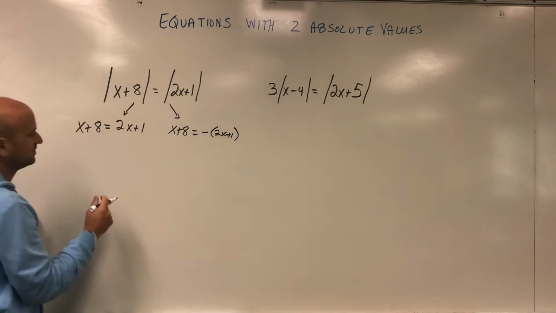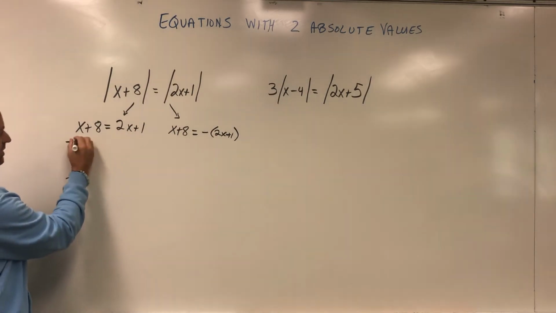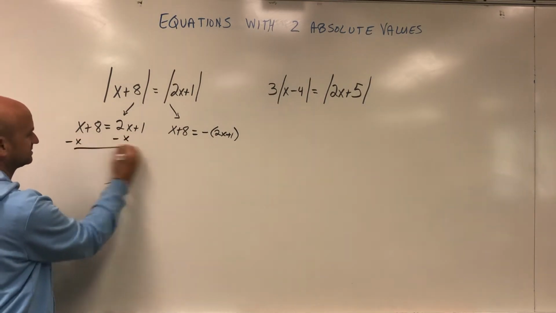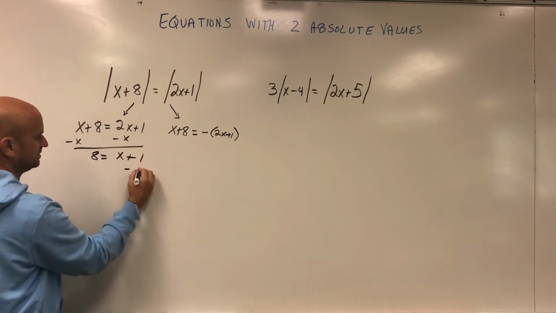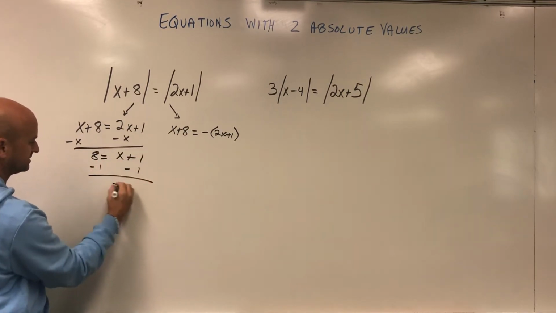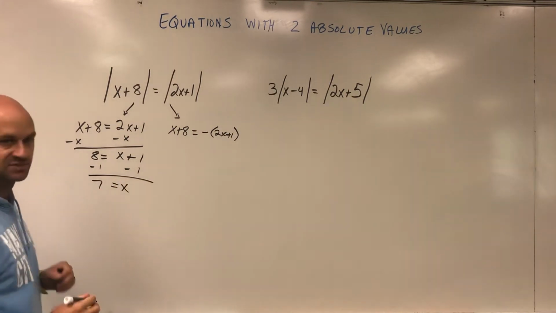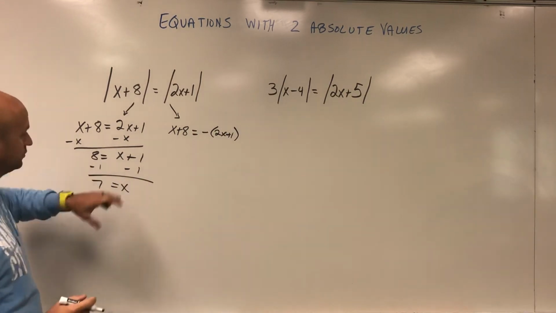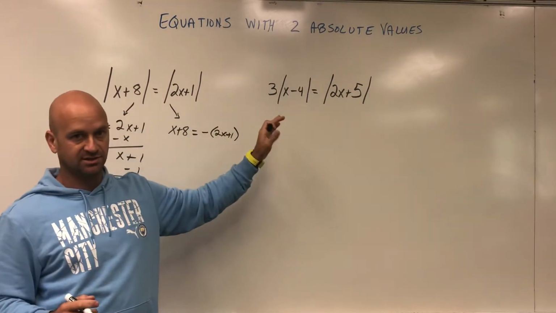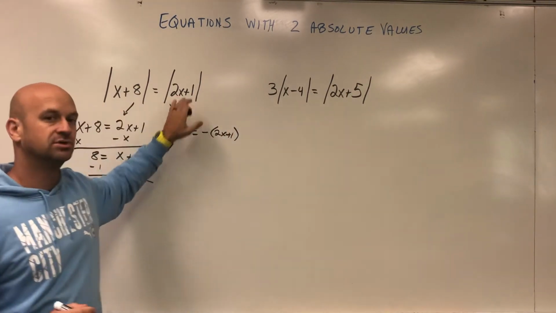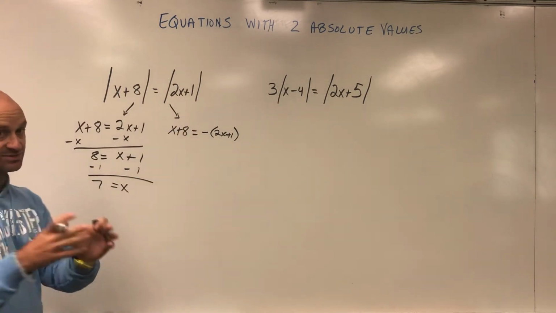All right, so let's go ahead and solve this, which you guys should know how to do. I will subtract x from both sides first, and then subtract 1, and I get x equaling 7. Now, when I have two absolute values, I have to plug the answer in to make sure this is actually true, because sometimes the answers are not true.